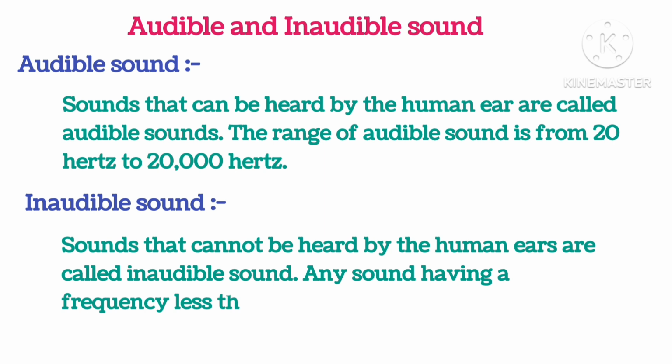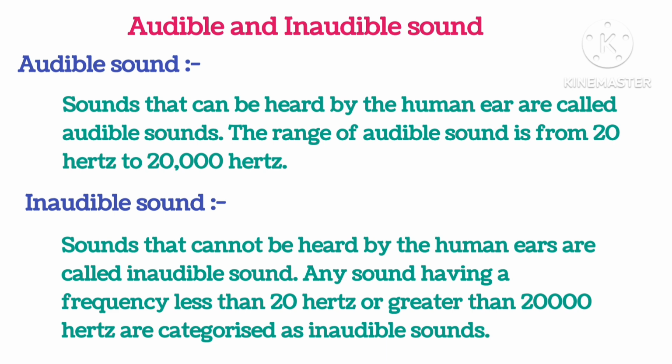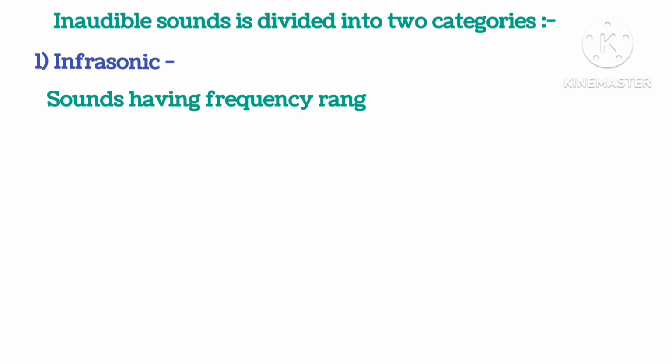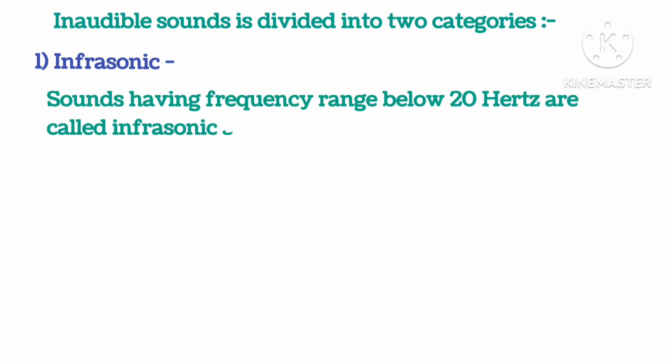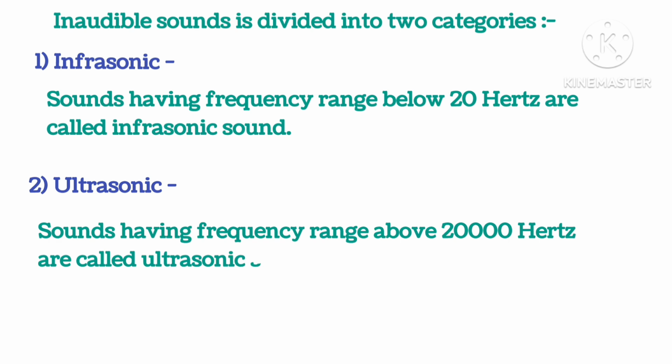Any sound having a frequency less than 20 Hz or greater than 20,000 Hz is categorized as inaudible sound. Inaudible sound is divided into two categories: infrasonic, which means sound having frequency below 20 Hz, and ultrasonic, which means sound having frequency above 20,000 Hz.